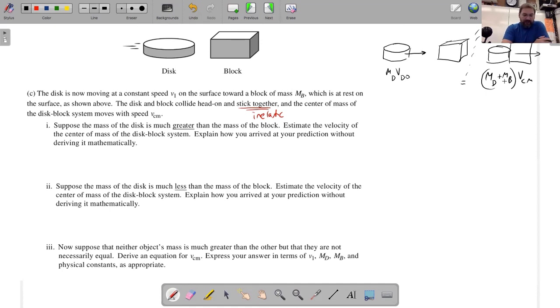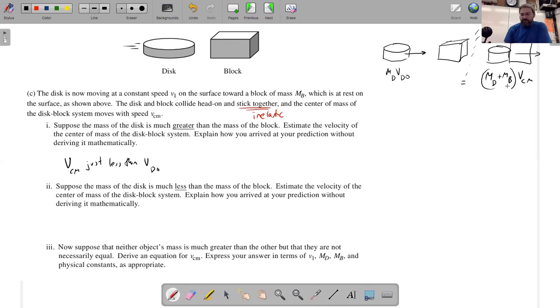So if the mass of the disk is greater than the mass of the block, what's the velocity of the center of mass of the disk-block system? You would say that the velocity of the center of mass of the disk-block system is just less than the velocity of the disk before the collision takes place. So arrive at your prediction without deriving it mathematically.